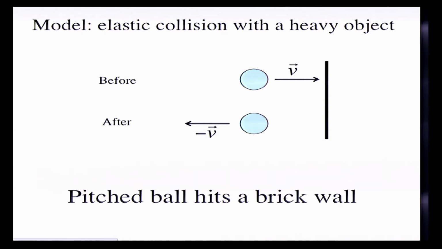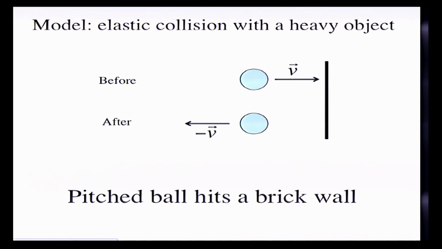So imagine that's the bat, but the bat's so heavy compared to the ball that it just bounces off it. And if this is an elastic collision, the ball would come in with a certain velocity and it would recoil with the same speed but the opposite direction, that's all. Okay? So that's where we start with the ball-bat collision.